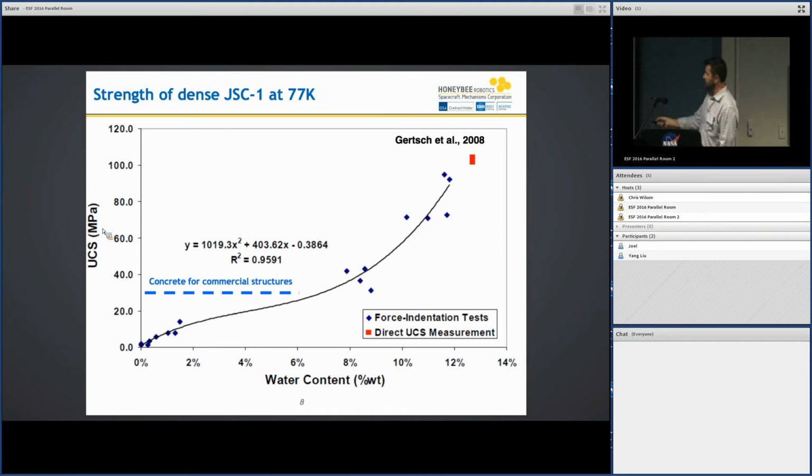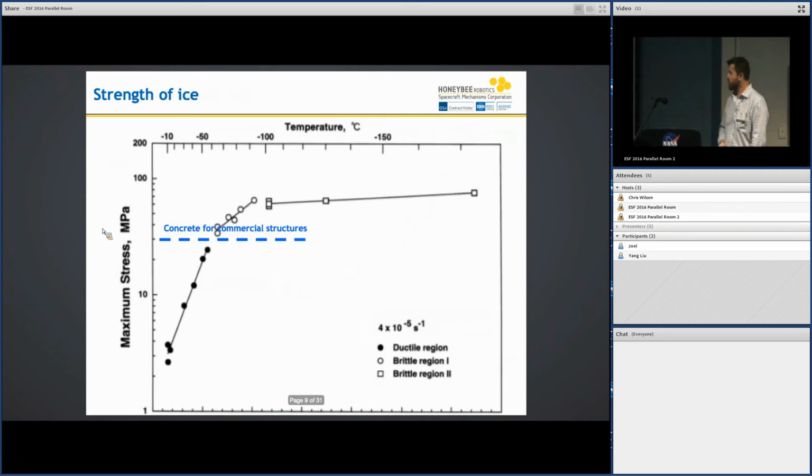Just for reference, concrete for commercial structures, much harder concrete than what you use for building smaller buildings, is around 30 MPa. So 30 MPa is concrete. A formation with water content of around 8% is around 40 MPa. And if you have fully saturated soil at LN2 temperatures, you're around the strength of basalt.